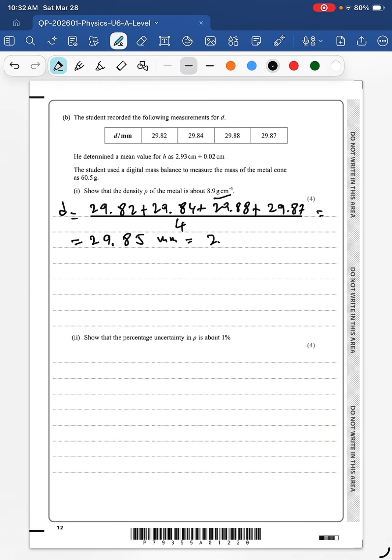So 2.99 centimeters. Okay, the half range, which we will need later, is 29.88. That's the one extreme, and the lowest extreme is 29.82, over 2 yields 0.03 millimeters.